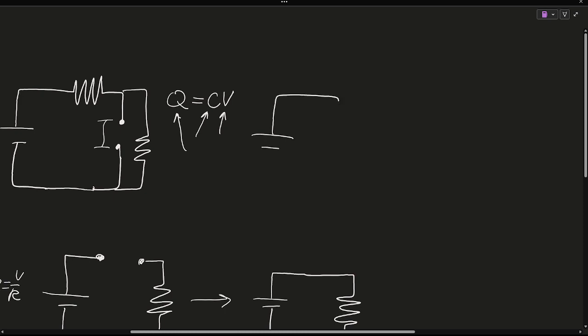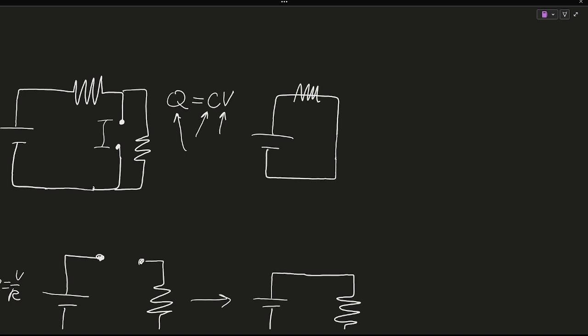For a capacitor, there's supposed to be a resistor here. Immediately it's going to look like this, a closed circuit, and then after a long time, it's going to look like this, an open circuit.